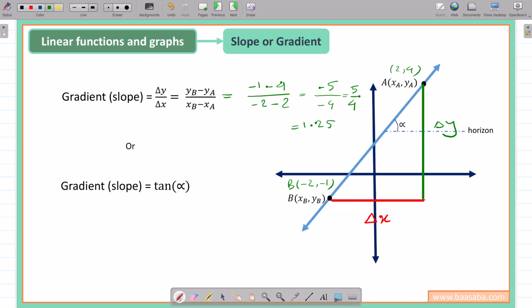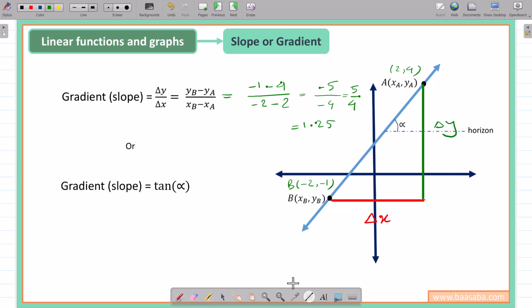If you remember from our last video, we said that if the gradient is greater than 0, the line will be going upward when we are looking at it from left to right. You can see that this is true here also. This is greater than 0, so our line is going upward. The other way to find the gradient or slope of a line is by its angle or orientation. If we have the angle of a line with the horizon, we can find the gradient or slope by its tangent.